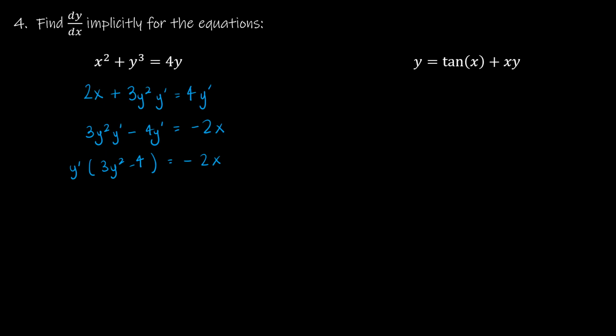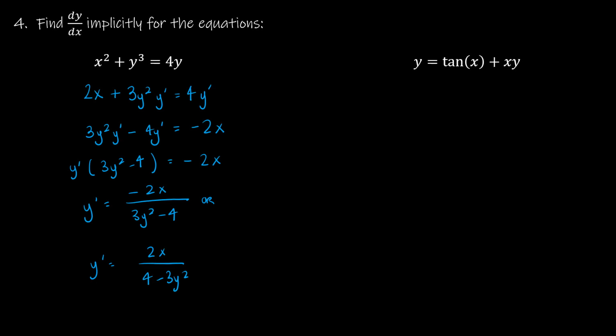And then I want to get y prime all by itself. So y prime is going to equal negative 2x over 3y squared minus 4. Or for people who really don't like that negative in the numerator, I could write y prime as 2x over 4 minus 3y squared. I will take either.